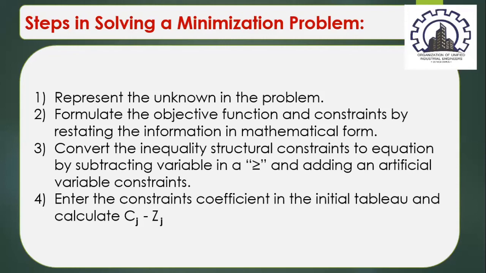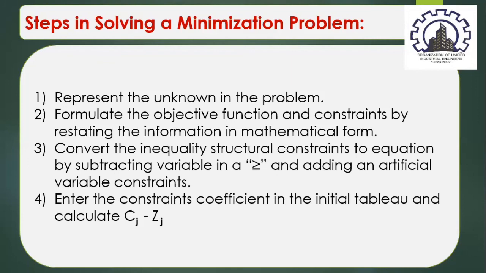The first step is, of course, to represent the unknowns in the problem. In representing our unknowns, we can make use of variables. It's either the variables x and y, or the variables a and b, or the variables x sub 1, x sub 2, or the variables y sub 1, y sub 2, okay?